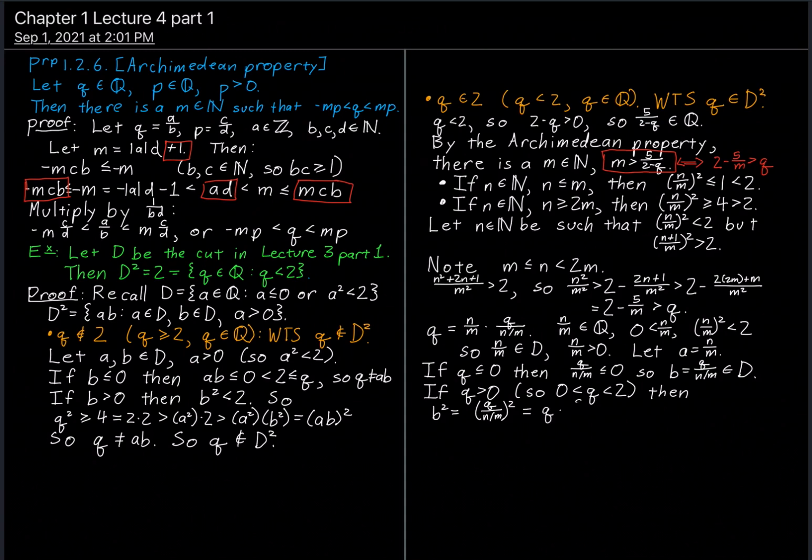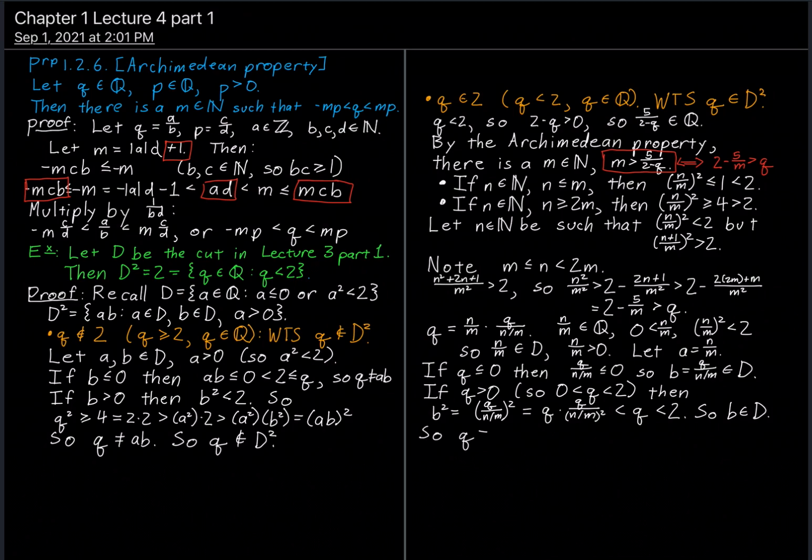That's q then times q over n over m. And then remember we said q was less than n over m, squared. So this is strictly less than q, which is strictly less than 2. So b is in D in either case.